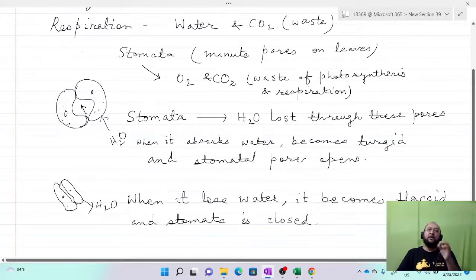Okay, so this is how opening and closing of stomata takes place.